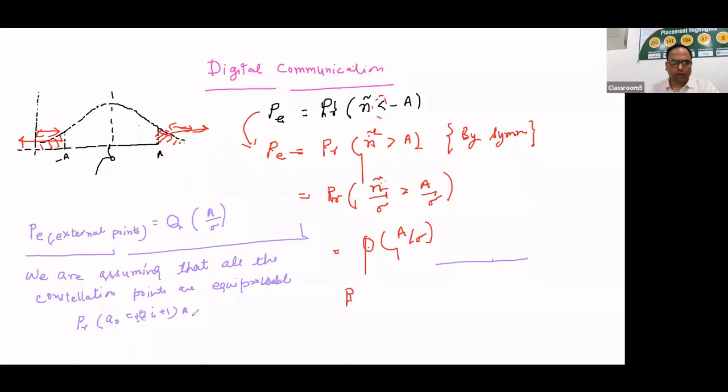So the probability of being A naught equal to any symbol can be written as 1 upon M. Because we are having total M symbols, the number of favorable ways will be 1. For example, you are talking about A or 3A or any fixed symbol, and the choices of the symbols are total capital M, and all these are equiprobable, so the probability will be 1 upon M, right?